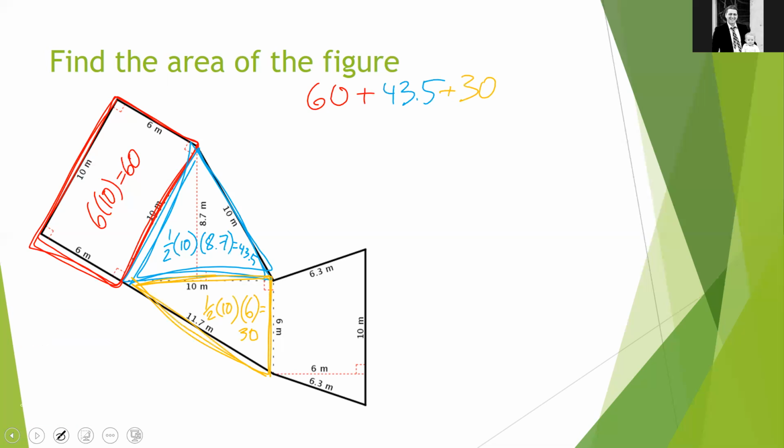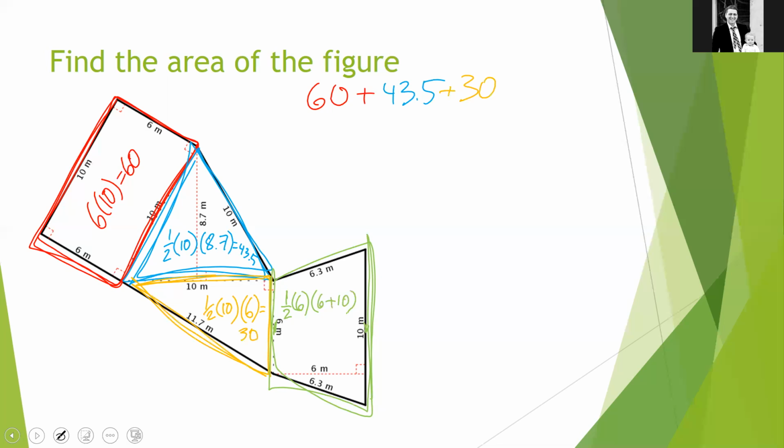Okay, last shape. Well, this is not a trapezoid. Oh, this is a trapezoid because we have the 2 right angles happening here. So we have 2 bases. We have a height. So we need to fill in that 1/2 height times the sum of your bases. Well, your height in this case is 6, and your bases are 6 and 10.